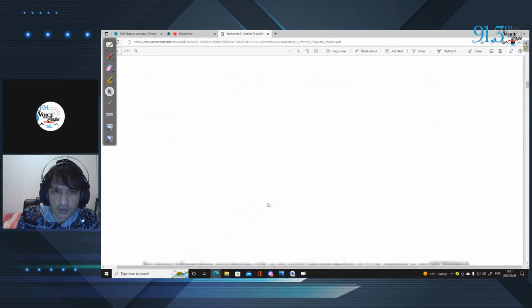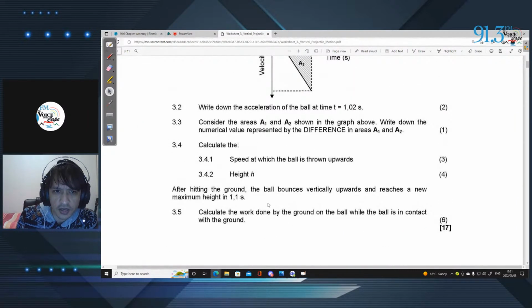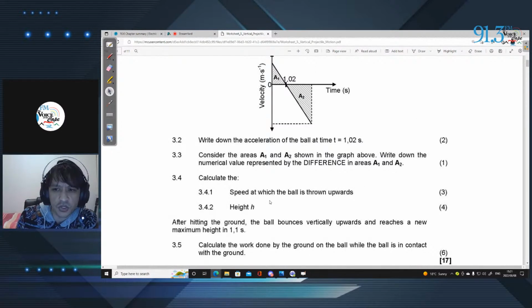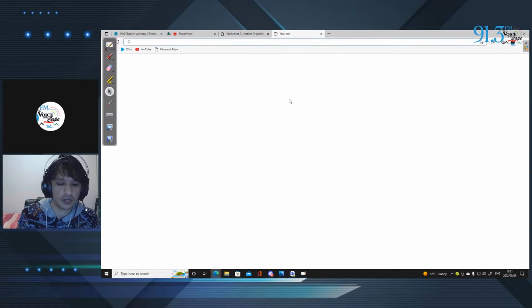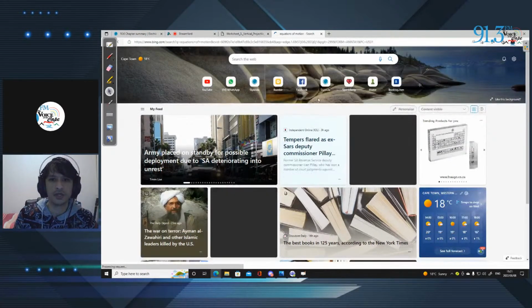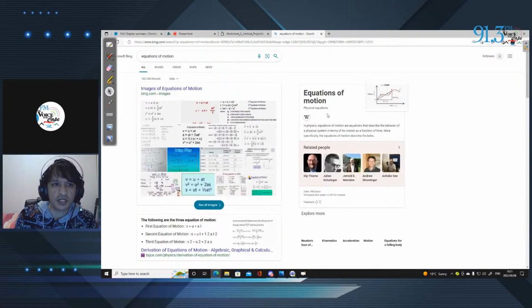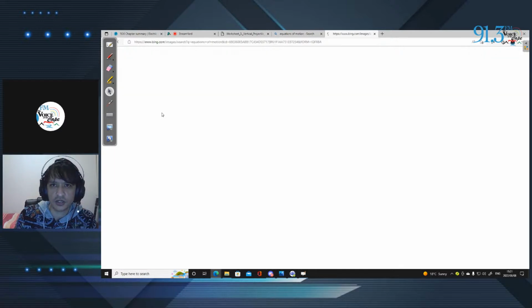All right. So now 3.4.1. Let's take a look here. Calculate the speed at which the ball is thrown upwards. And this is where we need to get our equations of motion. So if we just pull up some equations of motion over here, normally they'll give you a formula sheet, but let's just pull up a few of them.